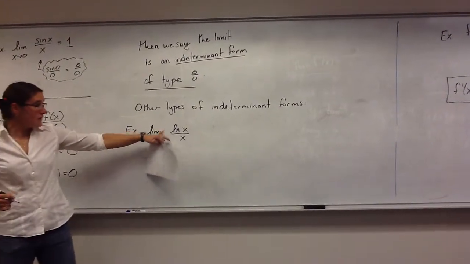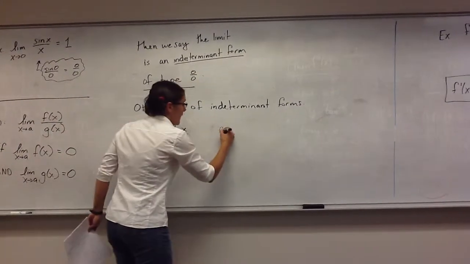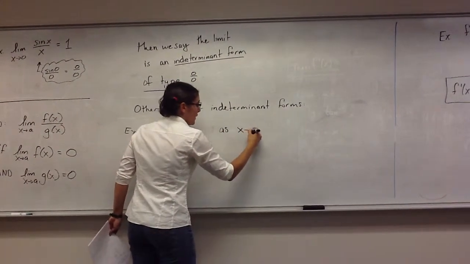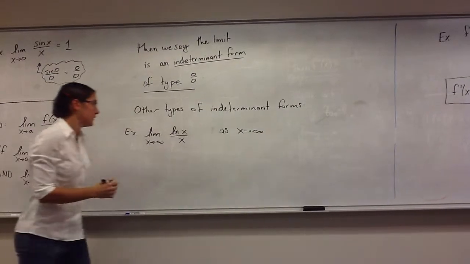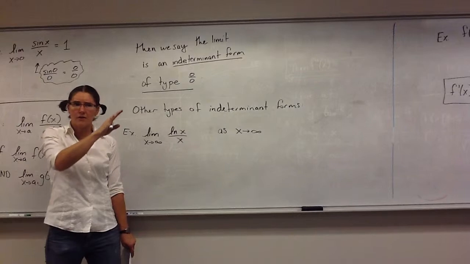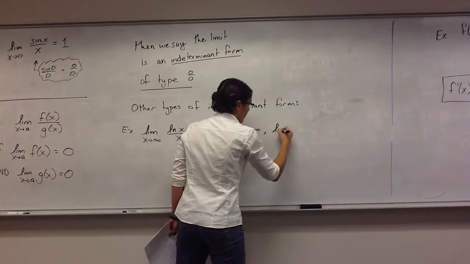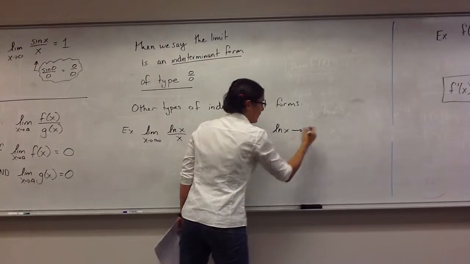When I think about these two functions, natural log of x over x, as x gets really big, natural log of x, well, that graph is going uphill. And so as x gets really big, natural log of x also gets really big.